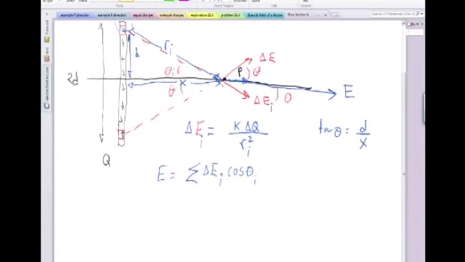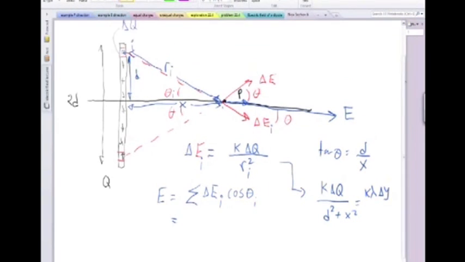So I'm going to write a few more lines and then give you the final result. The electric field of that section i, labeled by i, how much is that? Well, we wrote it over here. That is k delta q divided by the distance, which is d squared plus x squared, right? And how much charge do you want to put there? Well, the amount of charge that you want to put there will depend on how long is the section that you're considering, right? So that will be k times the linear charge density of that rod, lambda, times delta y.